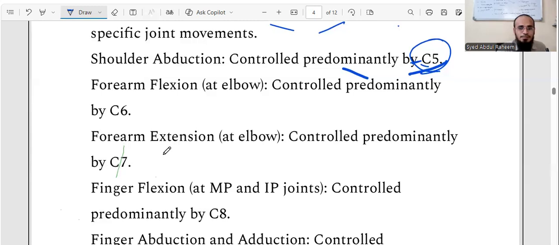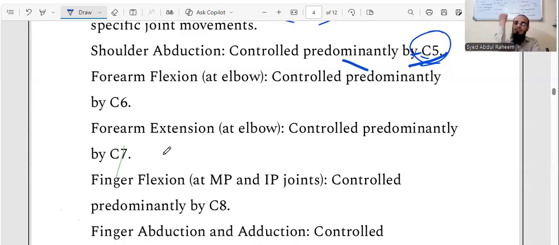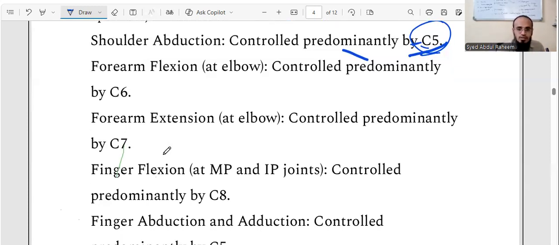Next, C7, from the elbow, you have to do extension. Extension is from C7 and flexion is from C5, C6. This is C6, this is C7, and this is C5, abduction.